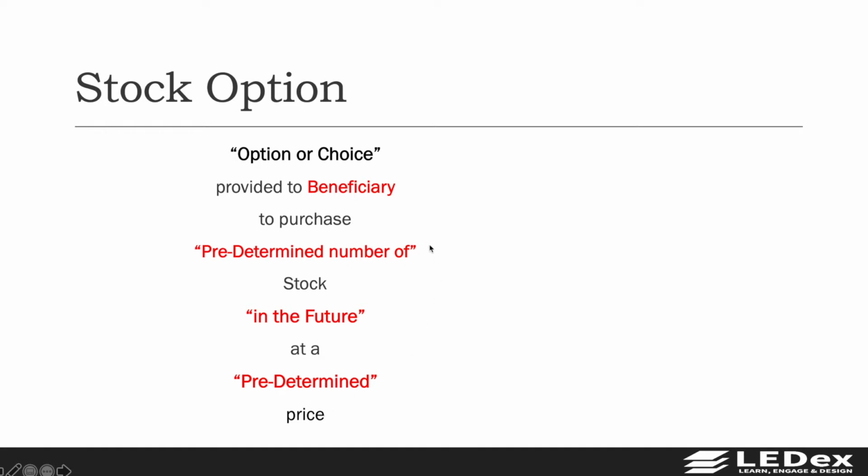Now, there are important keywords here. One, it's a choice. It is provided to a specific beneficiary. It is regarding a predetermined number of stock which are available at a future date, but at a predetermined price.